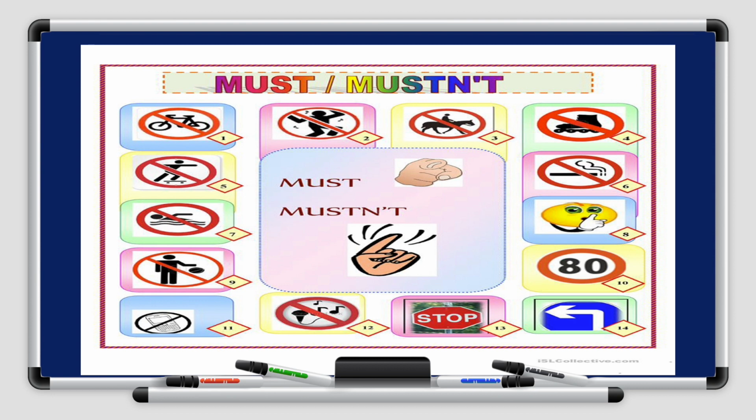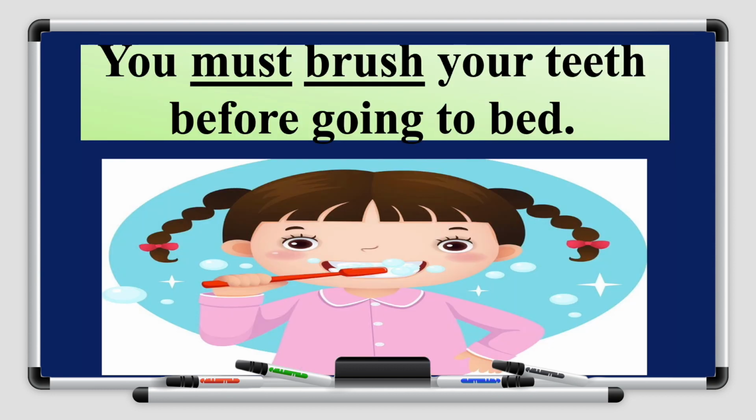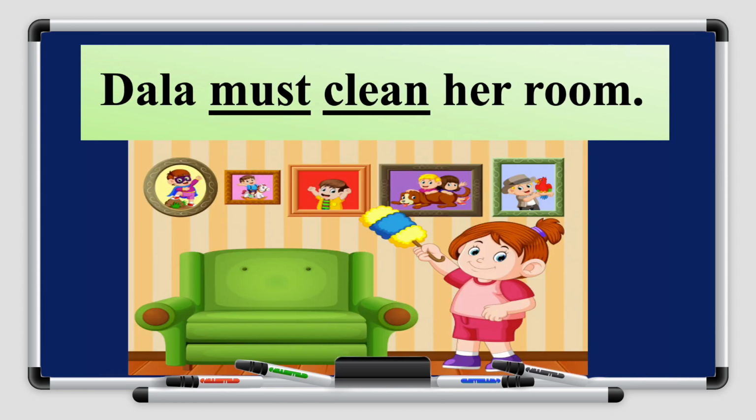We can also use must and mustn't. So you must wear a mask. You must wash your hands. You mustn't speak loudly. You must brush your teeth before going to bed. Dala must clean her room.